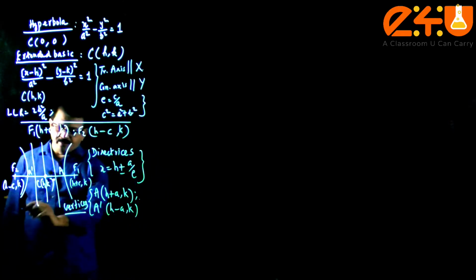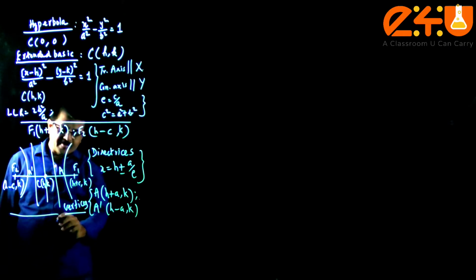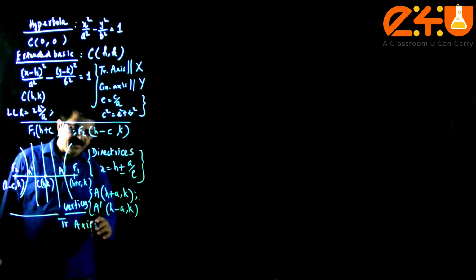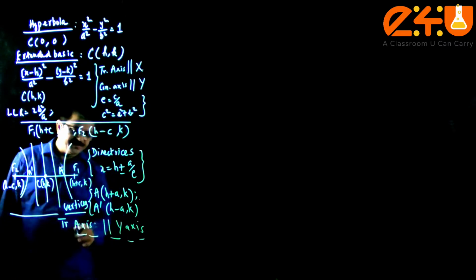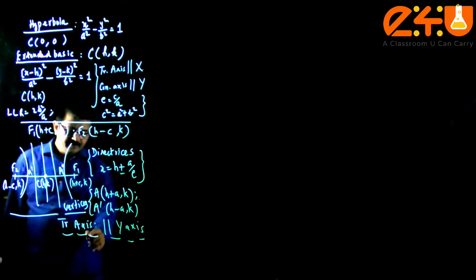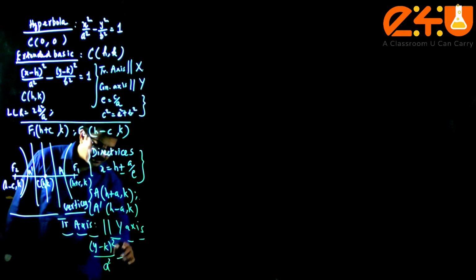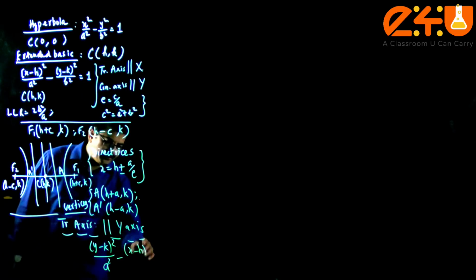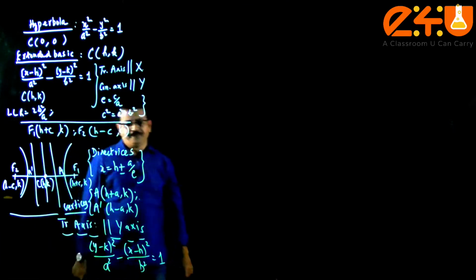Fine. So the other case, when the transverse axis becomes parallel to y-axis, then it has to be (y minus k) the whole squared over a squared minus (x minus h) the whole squared by b squared equal 1.